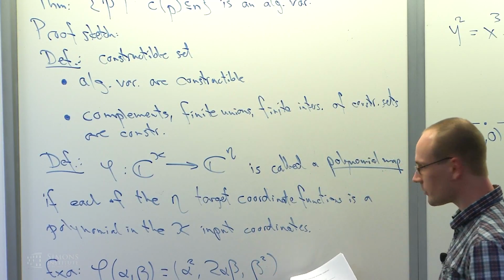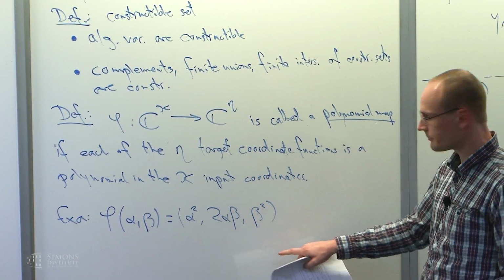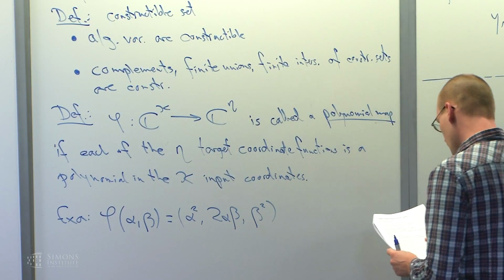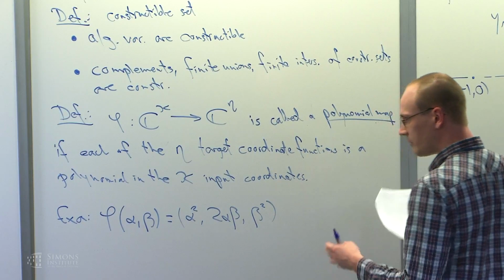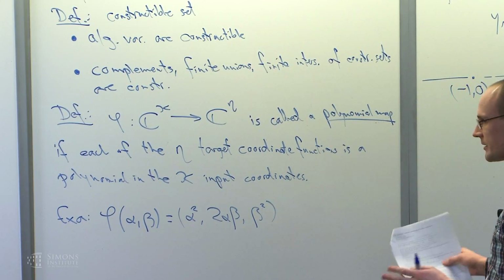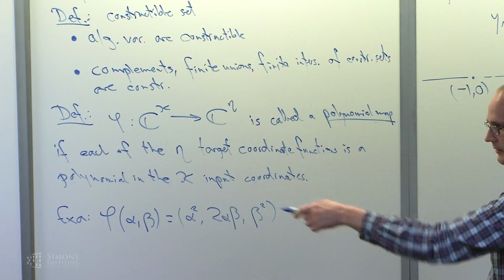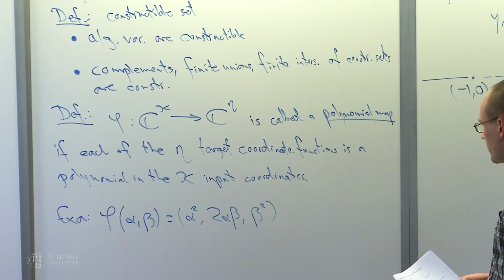This is the coefficient vector of a Waring rank 1 polynomial, right? So this is x squared, xy, y squared. Therefore the image of this polynomial map is exactly the set of Waring rank 1 polynomials.